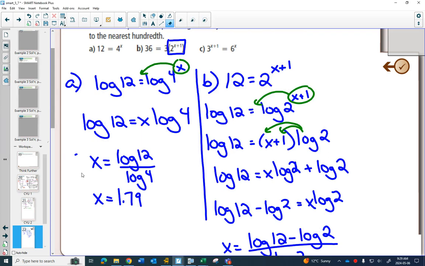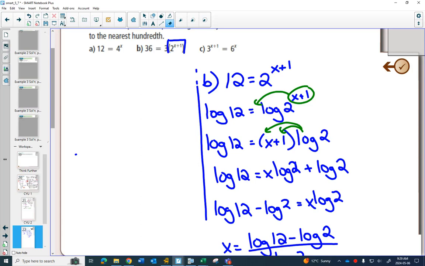And finally, part C. Are 3 and 6 in the same column of your powers chart? Can this be non-calculator? No. So we have to take the log of both sides. Can we get powers by itself?